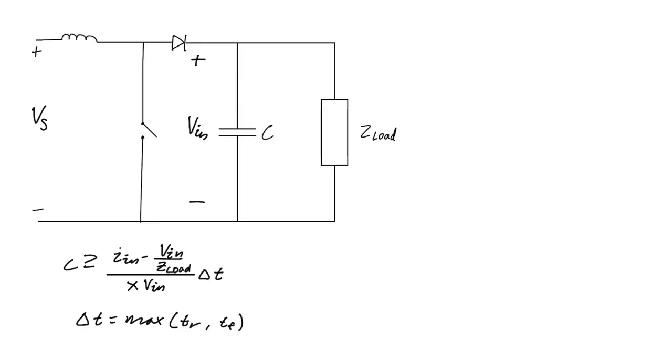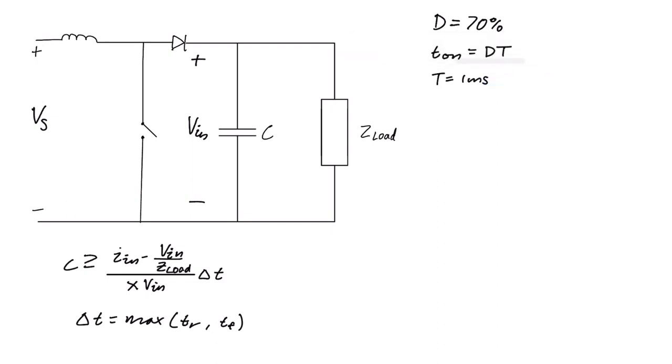So let's do a quick example. So let's say that the duty cycle is 70%. This means that T on is equal to duty cycle multiplied by the period. And let's say that the period is 1 millisecond. So T equals 1 millisecond, right?